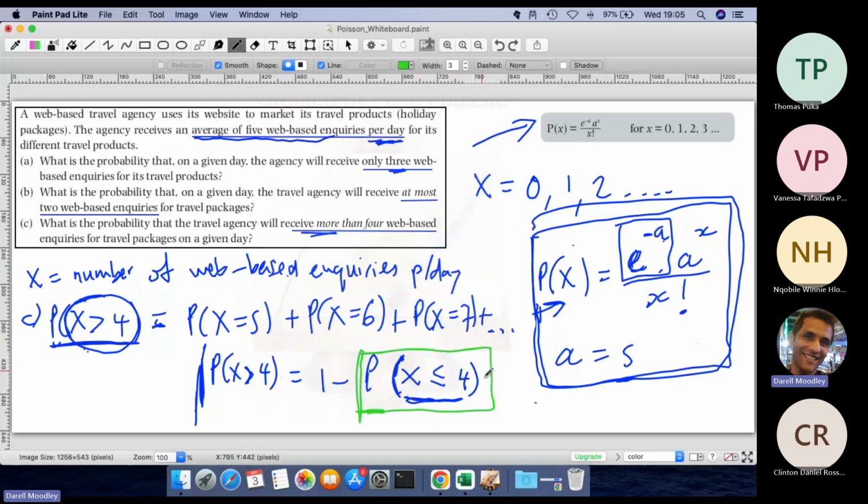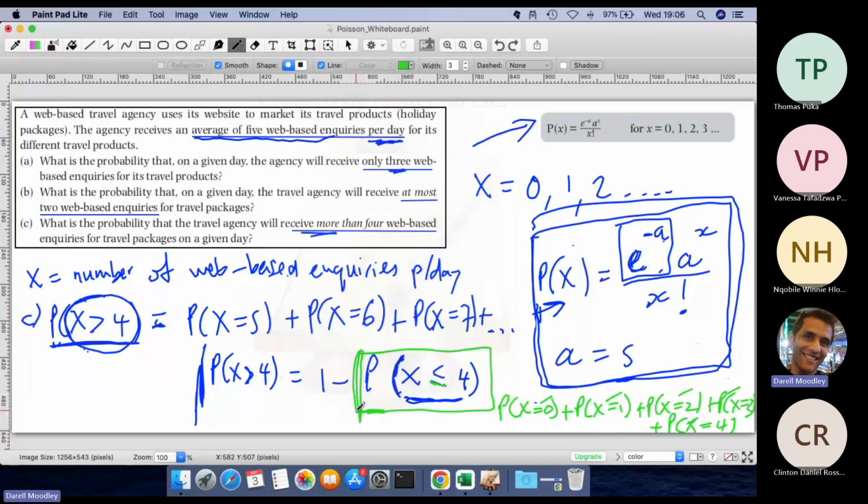This is simply the probability of x equal to 0 plus the probability of x equals 1 plus the probability of x equals 2 plus the probability of x equals 3 plus the probability of x equals 4. You include 4 because you can see the sign here, it's less than or equal to. So I only have to work out 1, 2, 3, 4, 5 of them. I can work them out. It does stop, and it stops at 4.